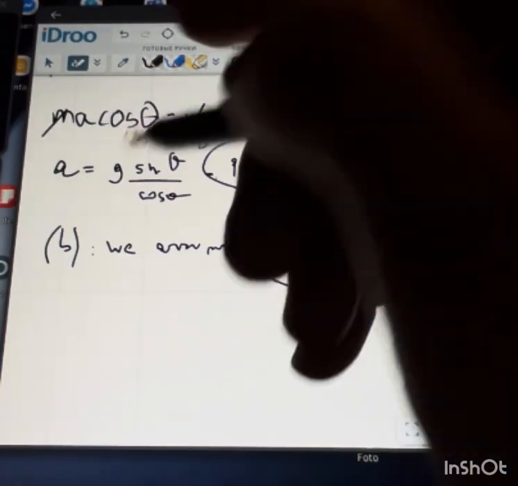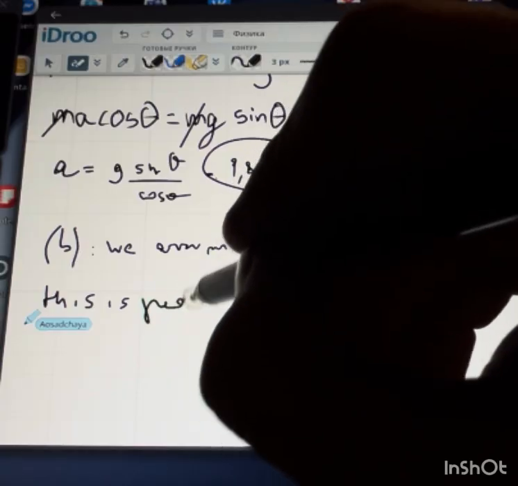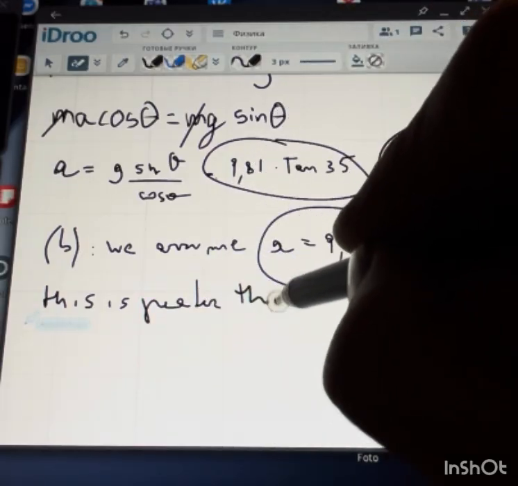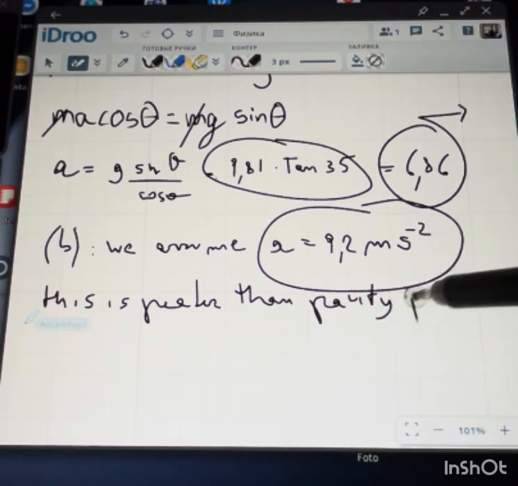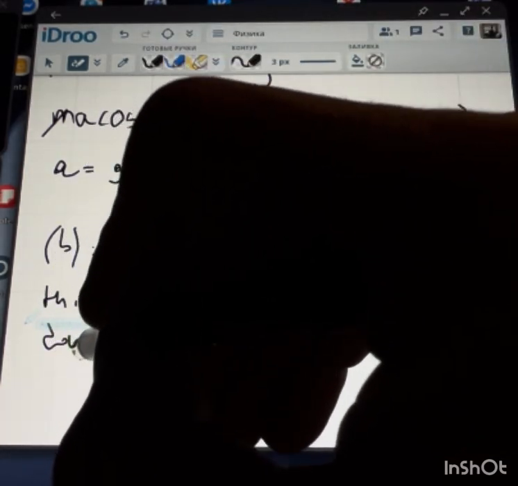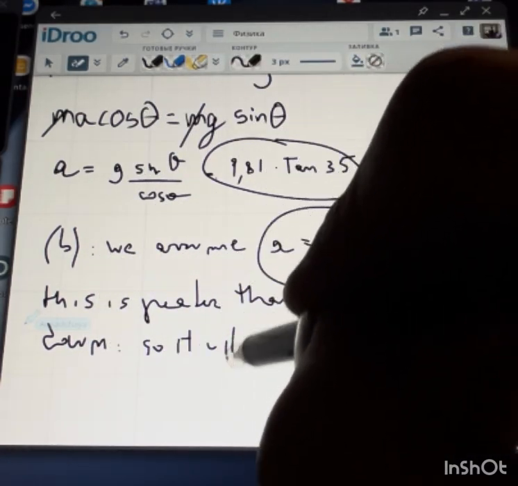So let's write it. This is greater than gravity pulling down. Thus, it would move up. So it will slide up.